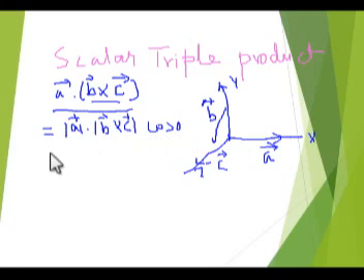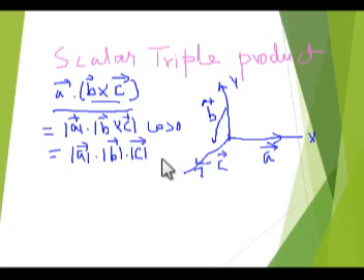Now if you use the formula of the cross product, it will be modulus of A, modulus of B, and modulus of C vector, with cos 0 equal to 1.